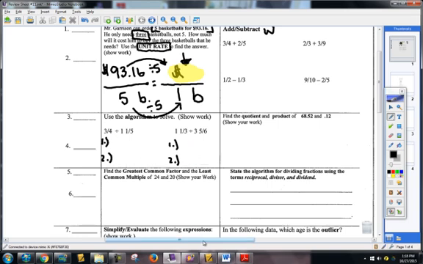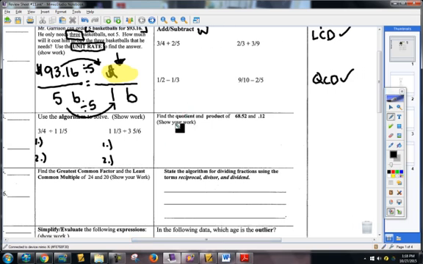A quotient is the answer to a division problem. A product is the answer to a multiplication problem. You have to do 68 and 52 hundredths divided by 12 hundredths, and over here 68 and 52 hundredths times 0.12.